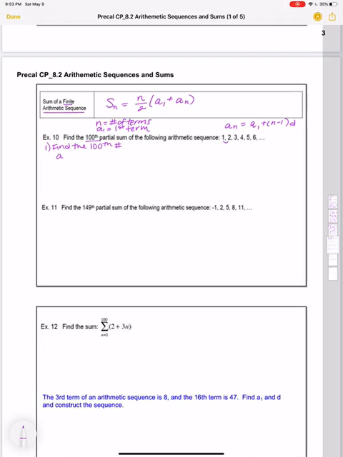That's how I was writing it. So a sub 100 equals a sub 1, which is 1, plus the difference, 1, times 100 minus 1, so 99. So it equals 1 plus 99, so it equals 100.